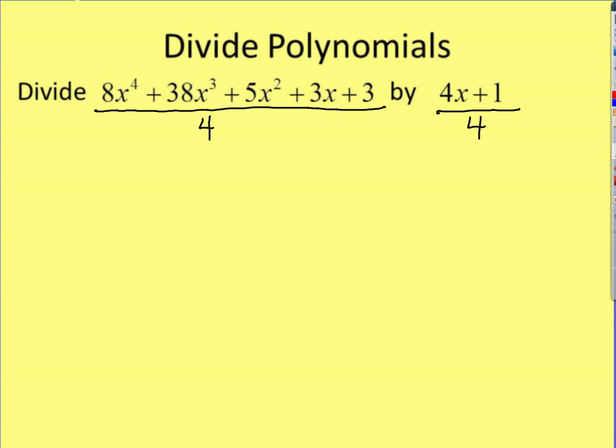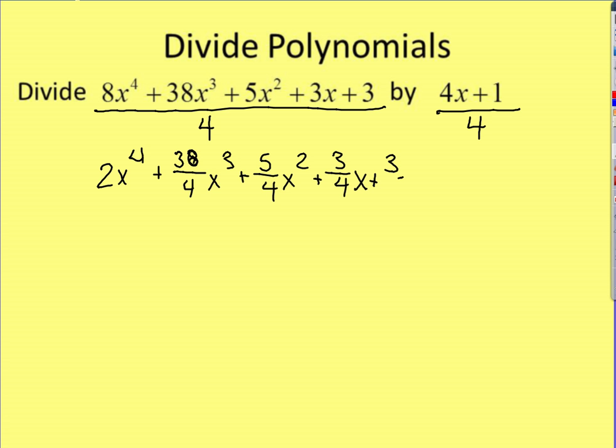If we divide on the left side first, this is going to leave us with, now on the right side, what we're going to be dividing by is going to be x plus 1/4.